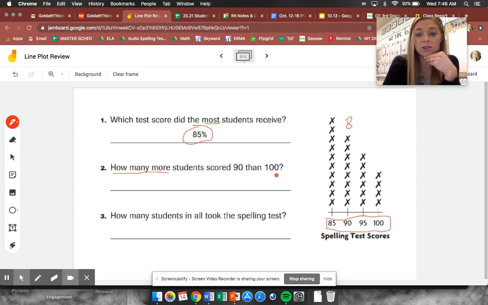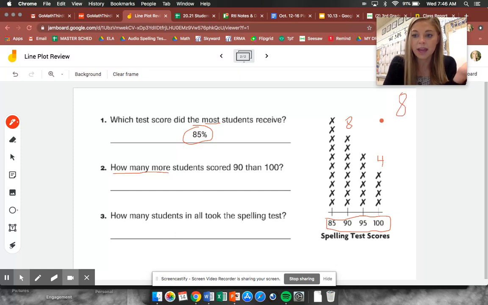How many students scored 100%? 1, 2, 3, 4. Only 4 students. So I have to figure out how many more scored 90 than 100, and how many more means to subtract. So I know that I have to do 8 minus 4. 8 is the bigger number, that always goes on top in a subtraction problem.